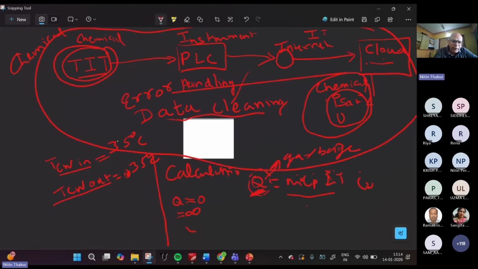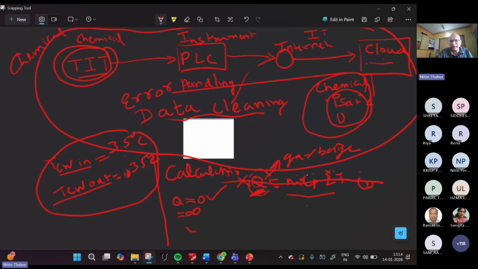If this is the scenario, this data will lead to a value of 0 in the calculation. So this has to be cleaned out. This has to be basically discarded data. This can't be used for our prediction or any further modeling or even storage of data. We don't even want to store that type of garbage data.